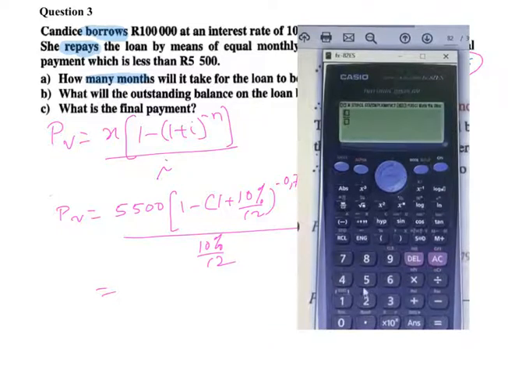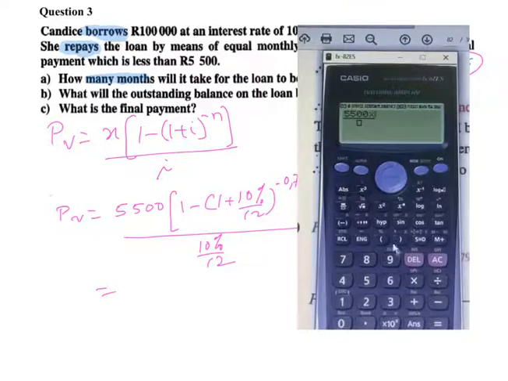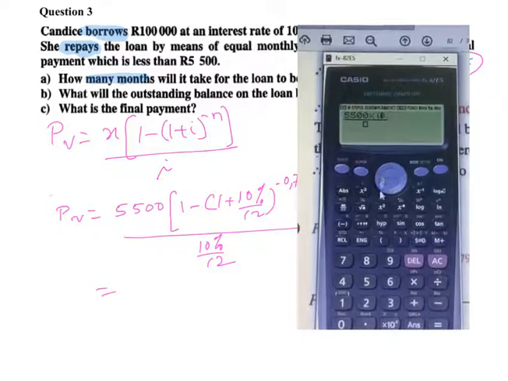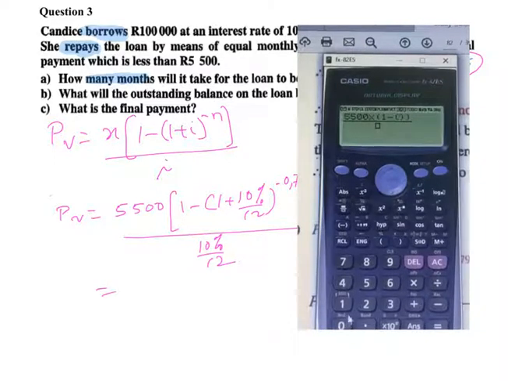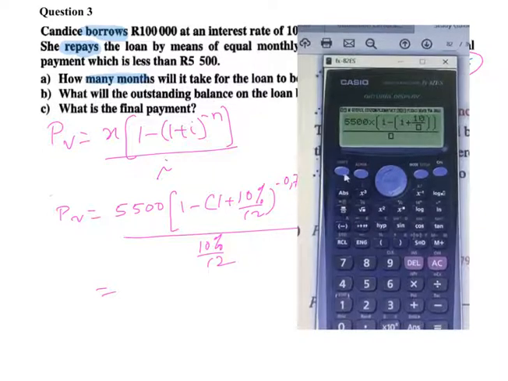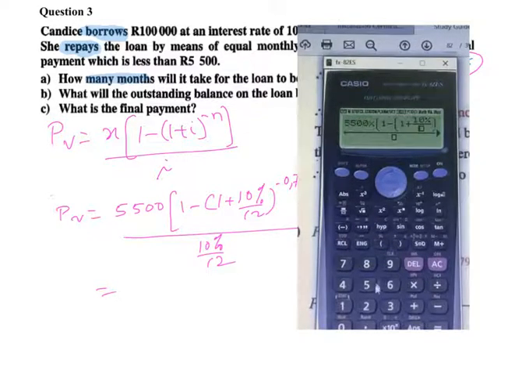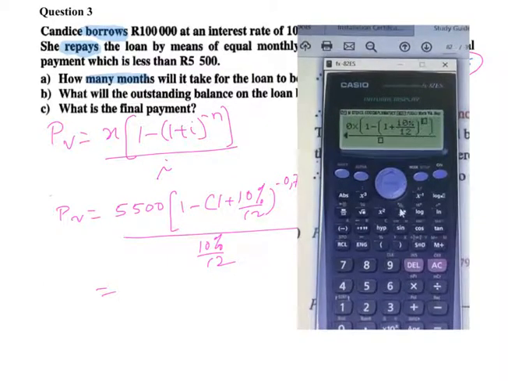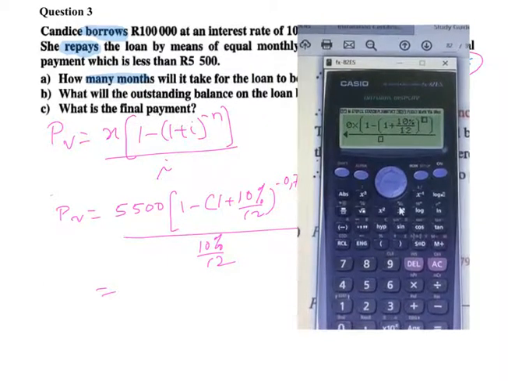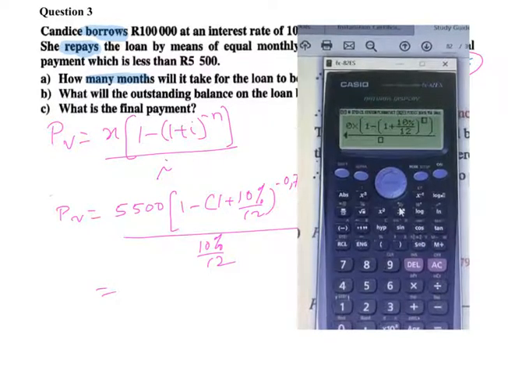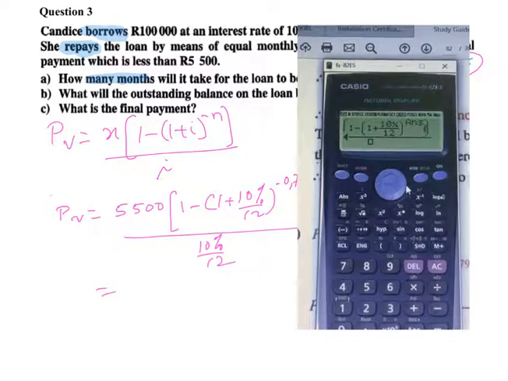So my X, that is my monthly installment, is 5,500, and 1 minus, again inner brackets, 1 plus, again a fraction symbol, 10%, that is my interest rate. Since it is compounded monthly, I divide by 12 and to the power of my remaining period, right? So I got negative 0.978. So that is my answer. My answer is stored in that one.